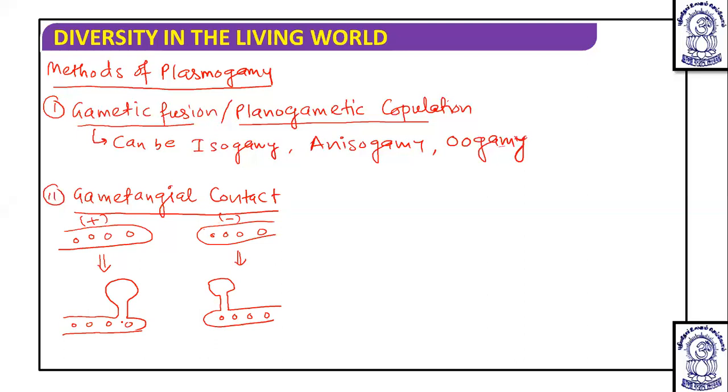Now this gametangium is known as antheridium, and this is known as oogonium. They have a nucleus. This also has a nucleus. Now a fertilization tube develops from the antheridium and enters the oogonium. So next, diagrammatically, we will observe such an event.